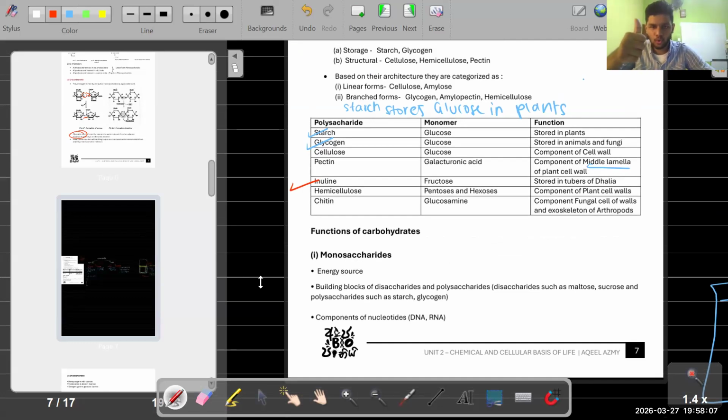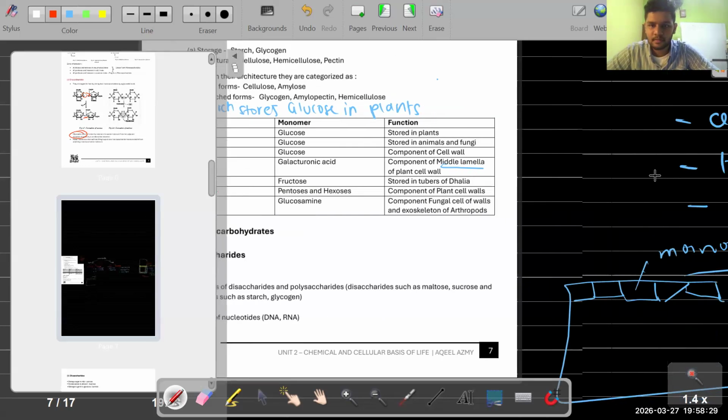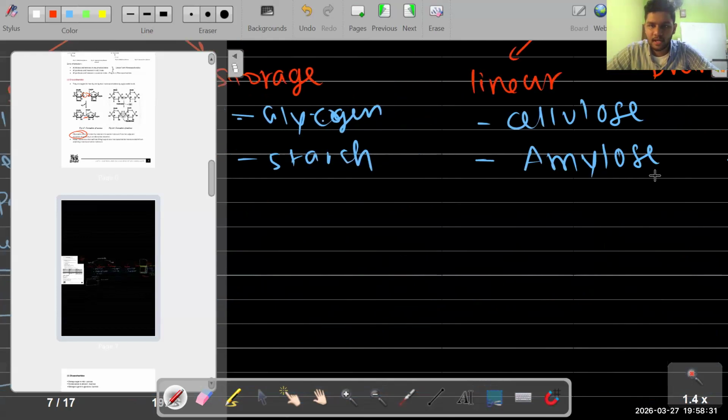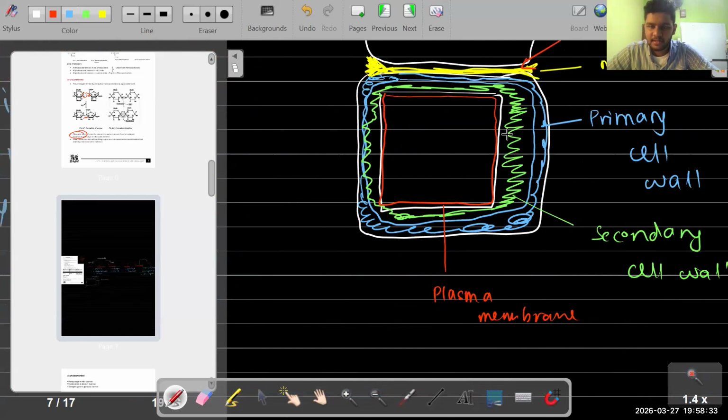What are they? Glucose, galactose, fructose. Examples for pentoses: ribulose, ribose, deoxyribose. That's it. So these are the sugars that can contribute in formation of hemicellulose. Now these are found as a compound in the plant cell wall. See here, I'll take the cell wall. In the cell wall, this part, hemicellulose can be located. They are present as a compound in the cell wall. That's it.